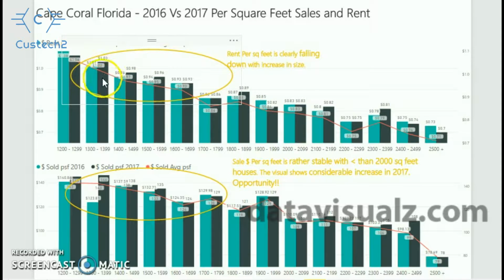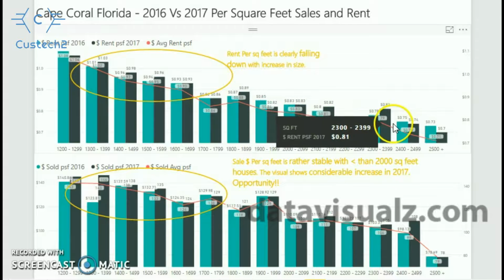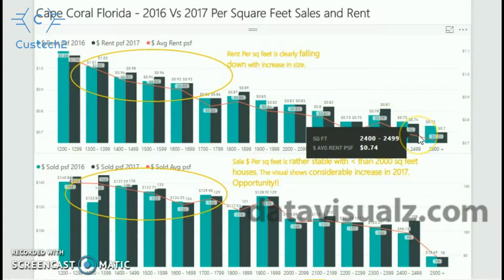You can see there has been an increase from 1.01 to 1.03, 0.96 to 0.98, 0.94 to 0.96, so almost increasing for smaller houses, but for larger houses it's almost the same, or sometimes decreasing. Here you can see from 2016 to 2017 it's been decreasing, and sometimes it's increasing.